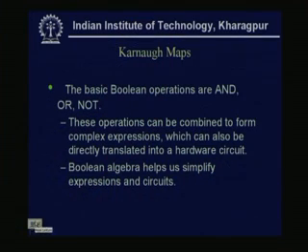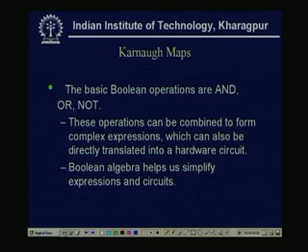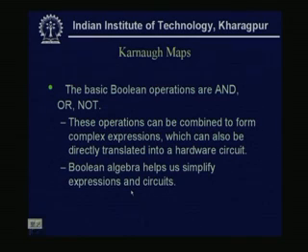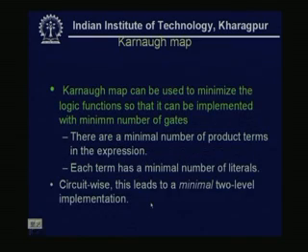Now, today we will read some rules or methods, and this is called the Karnaugh map. First, we define the Karnaugh map. A Karnaugh map can be used to minimize logic functions so that they can be implemented with a minimum number of gates.